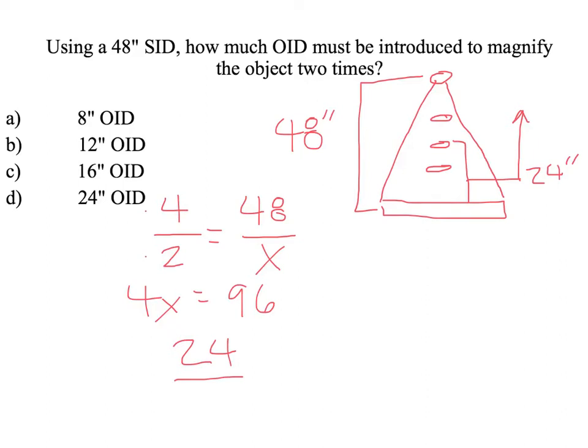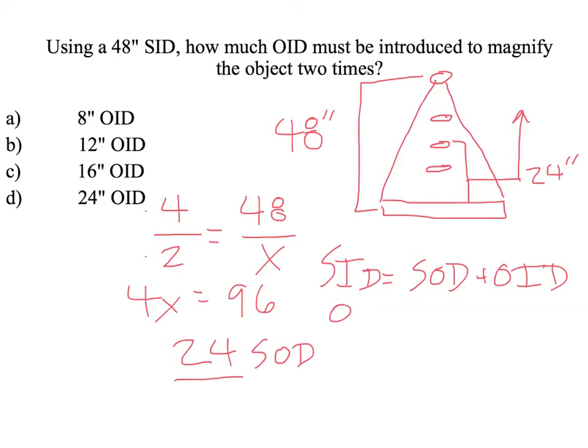To find what the OID is, so this is our SOD. What we know about SID in this case is it equals SOD plus OID. So in this case where we have an SOD and we have an SID, we're going to subtract to get the OID.